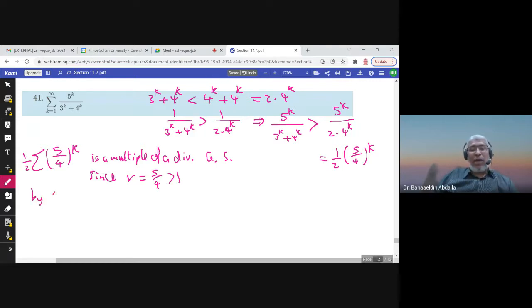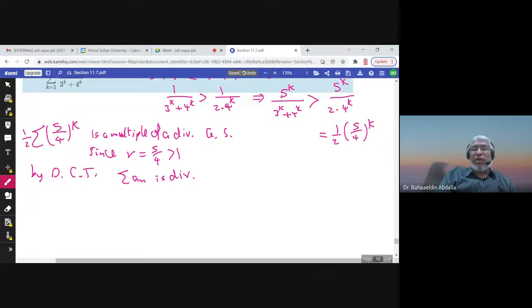So by the direct comparison test, because I used the comparison test here, summation a_n is divergent, because I proved that a_n is greater than b_n, where summation b_n is divergent.